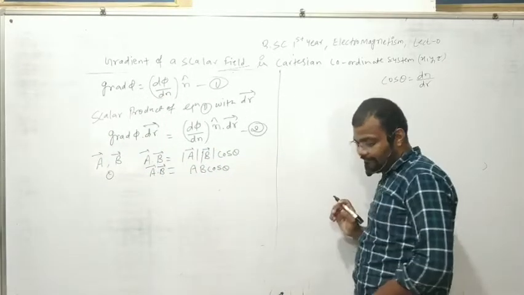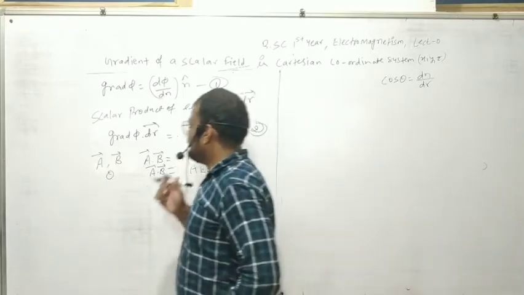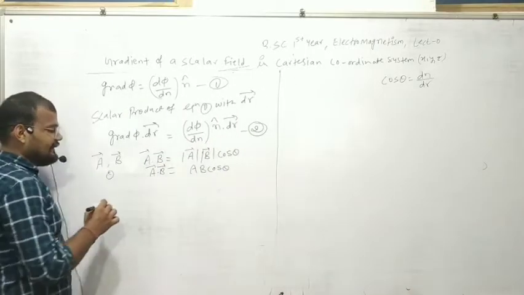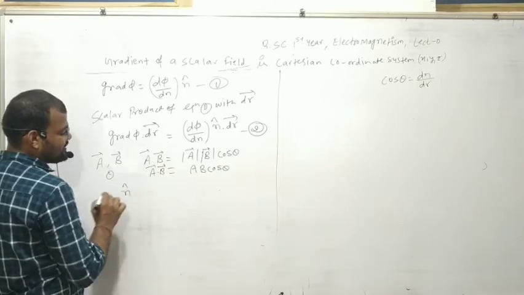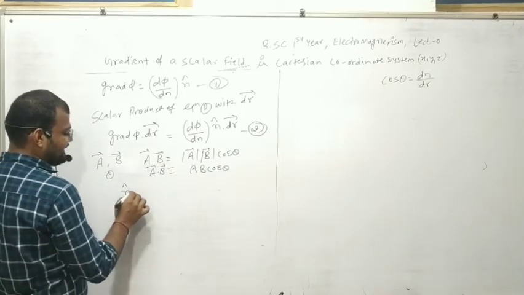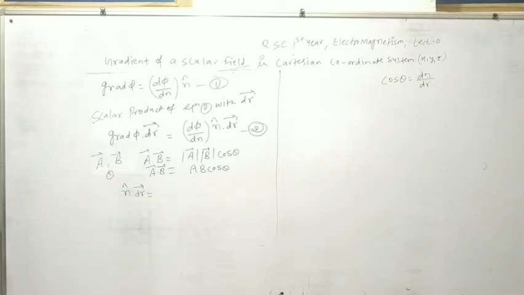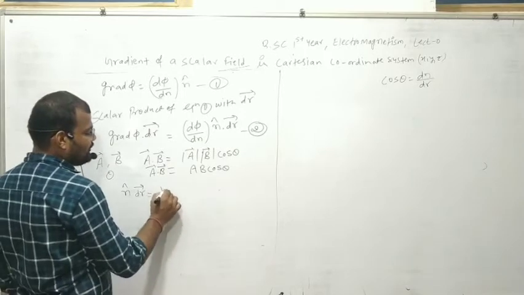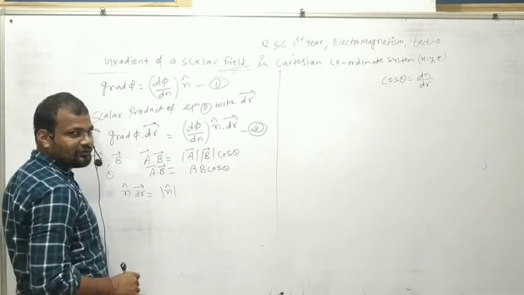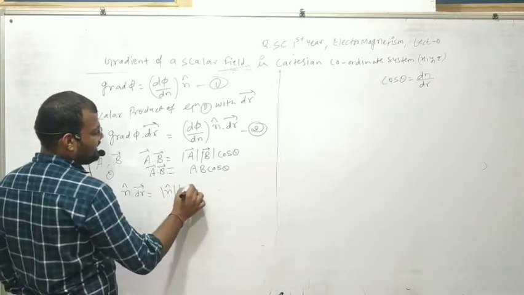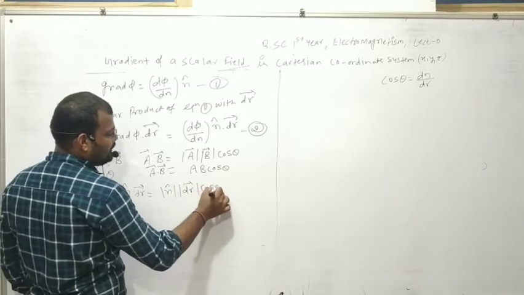Now from equation 2, I want to do the scalar product of n cap, which is your unit normal vector, and dr vector. So what will be the scalar product of these two? This will be the magnitude of n cap, magnitude of dr vector, into cos theta.